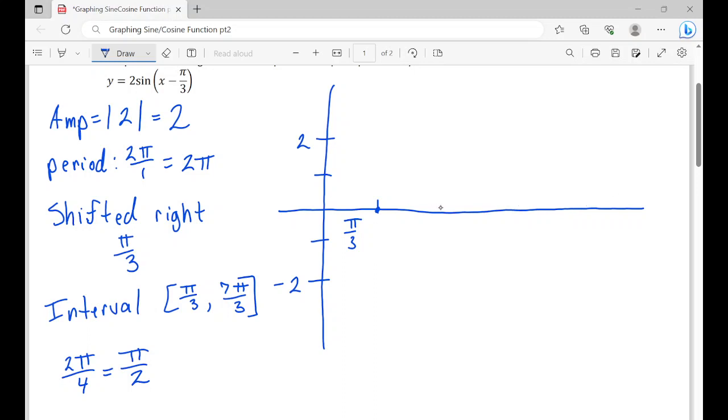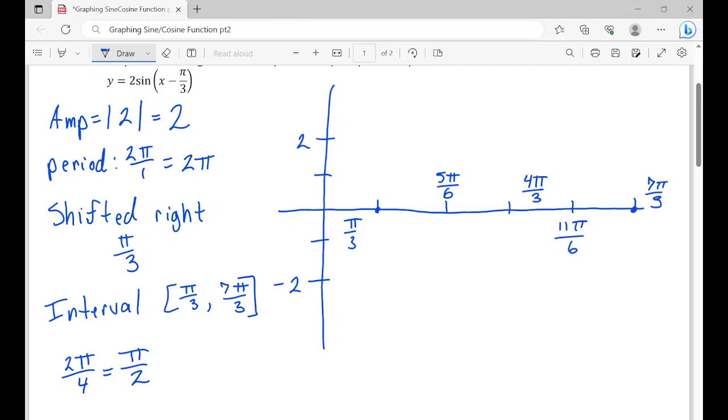So the next notch here is going to be 5 pi over 6. Then here is going to be 4 pi over 3. Then here is going to be 11 pi over 6. And then last, where it ends here, is 7 pi over 3.